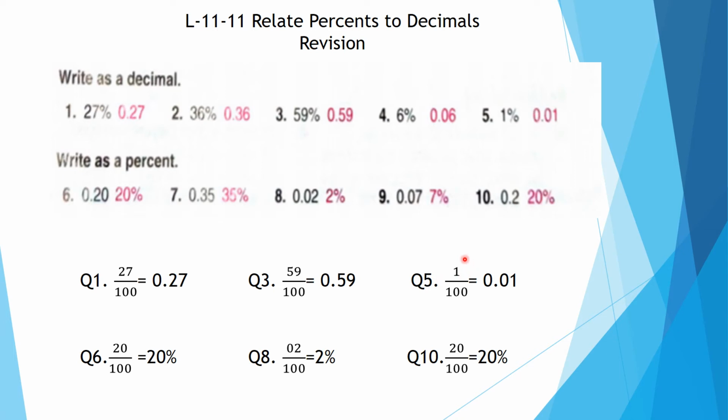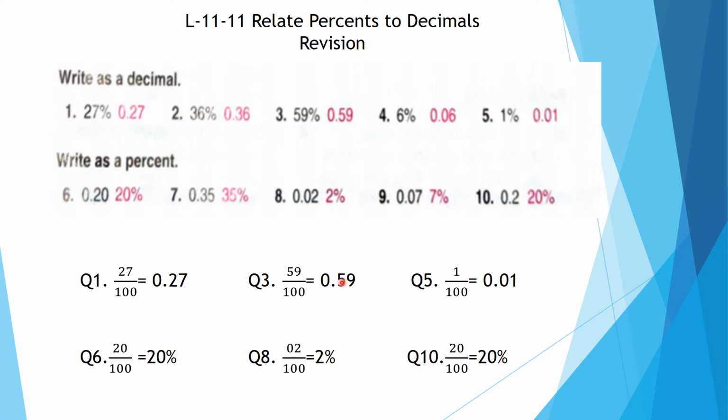But if in question number 7, 1% is there, what is the meaning of 1%? That means 1 is there, and you shift the decimal 2 places. That means 1, 0, 1 and 1, 0, and then decimal, because here 2 digits are there.